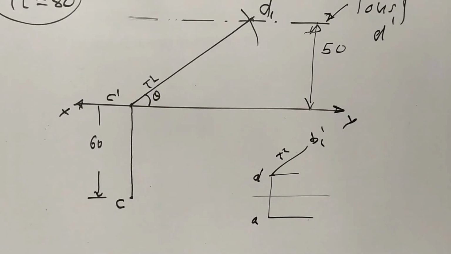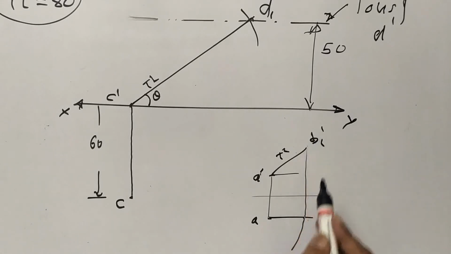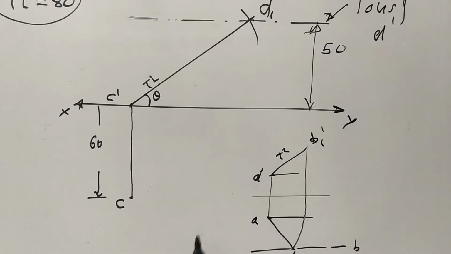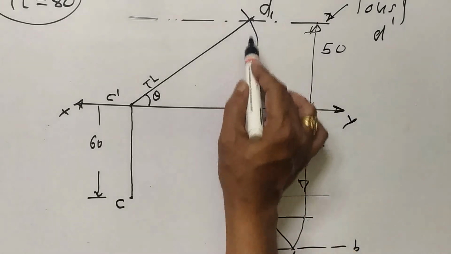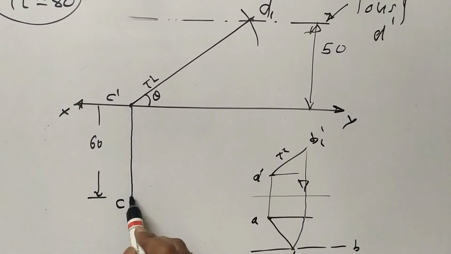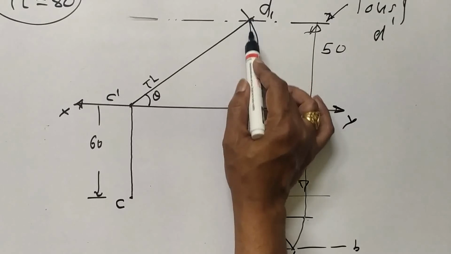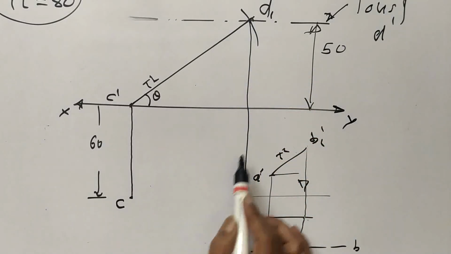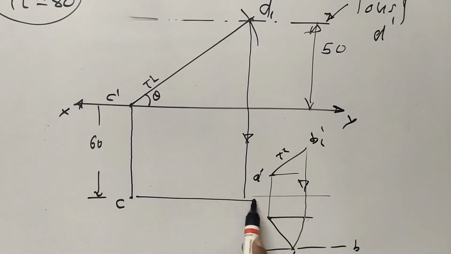So what we will do, we will project this true length up to the corresponding point of A. The corresponding point of A dash is A. Up to that point you project it, and then you rotate it on the locus of B. Suppose this is the locus of B, and you will get this AB. Similarly, I will project this up to the corresponding point of C dash. So I will project it up to the corresponding point of C dash. So up to this it will project on this line.